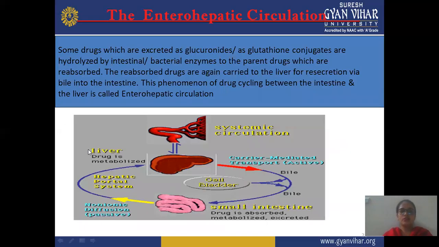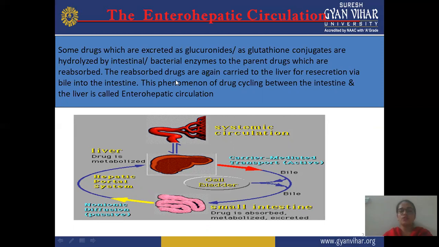Next is the enterohepatic circulation for this bile excretion. In enterohepatic circulation, some drugs which are excreted as glucuronides or glutathione conjugates are hydrolyzed by intestinal bacterial enzymes to the parent drug, which is reabsorbed.